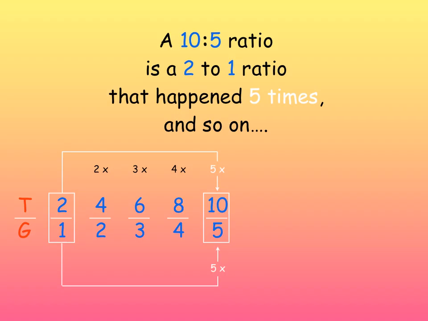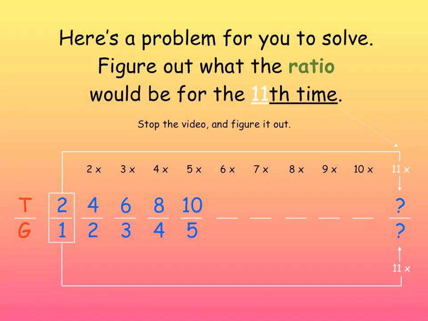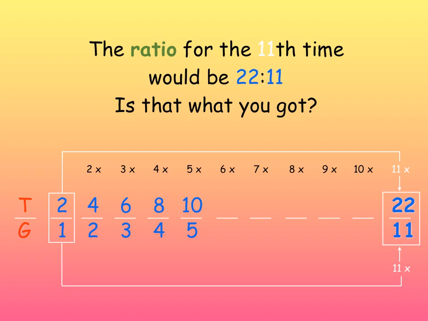You get the idea. Okay, here's a problem for you to solve. Figure out what the ratio would be for the 11th time. Stop the video and figure it out. The ratio for the 11th time would be 22 to 11. Is that what you got?